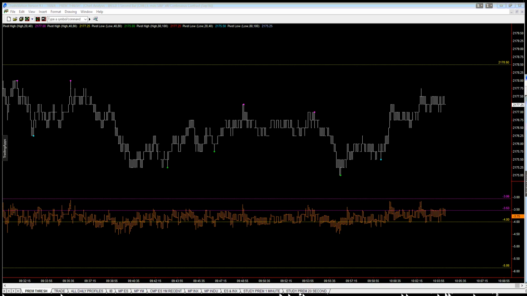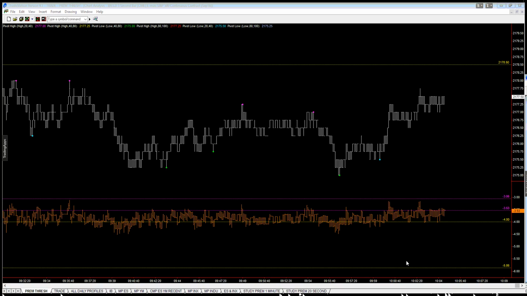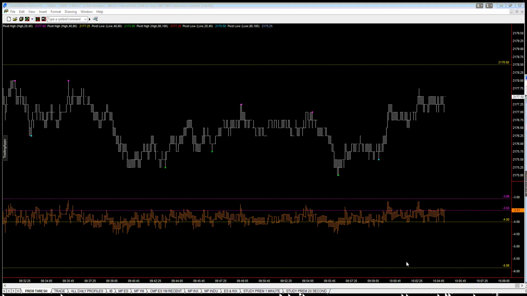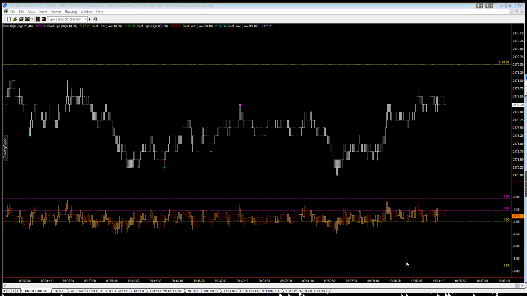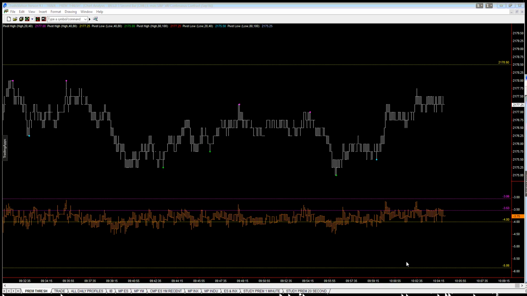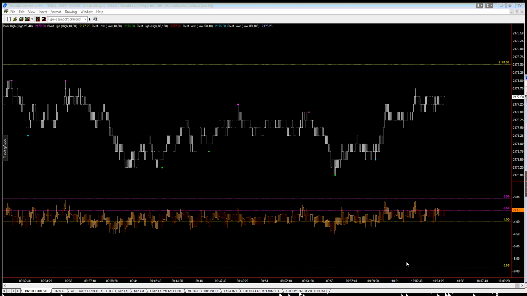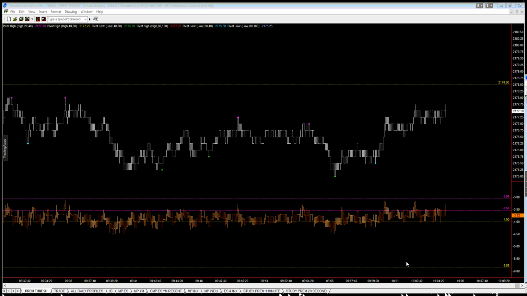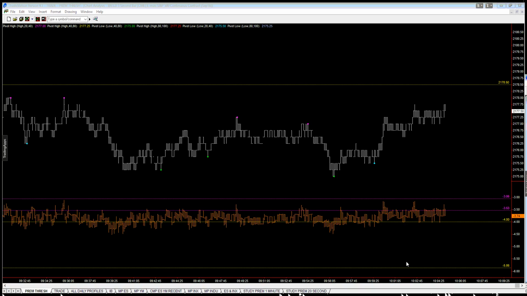Now, some may ask, why didn't we set a secondary level on the lows? Because we really haven't seen, as of yet, any real strong trend toward higher lows. Okay, we're moving up again, as expected.